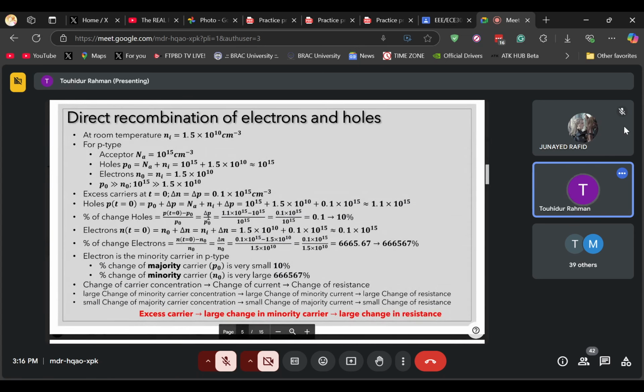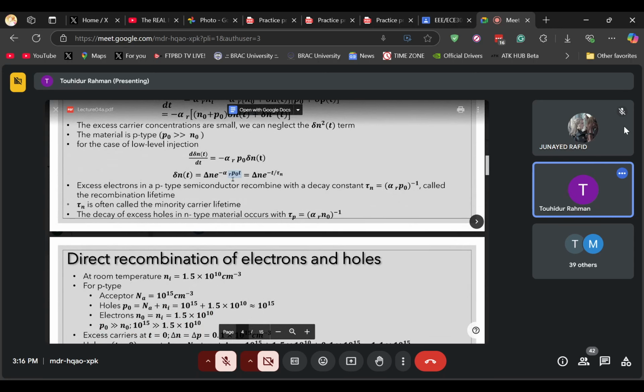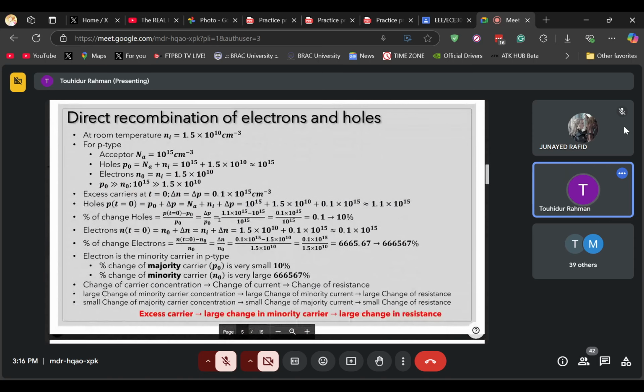This is a very important slide, and it is a follow-up slide from this one. In this slide, I try to show you the effect of change of minority carrier. I don't want to go through every single step.